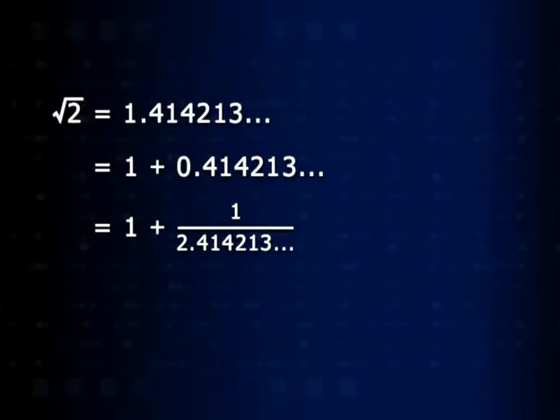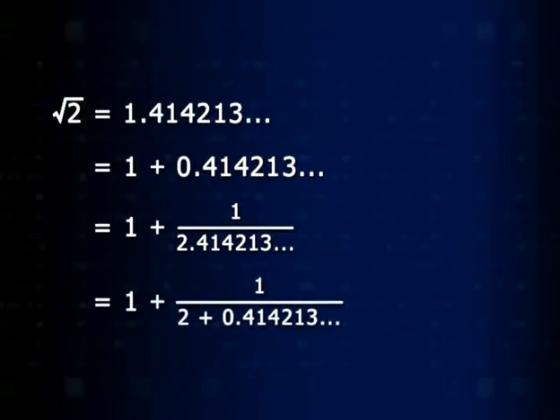And so what I see here is that the square root of 2 equals 1 plus 1 over 2 plus 0.414213, and so on. Well, at this point, we notice something truly amazing in those decimal digits, and something genuinely surprising, unexpected.